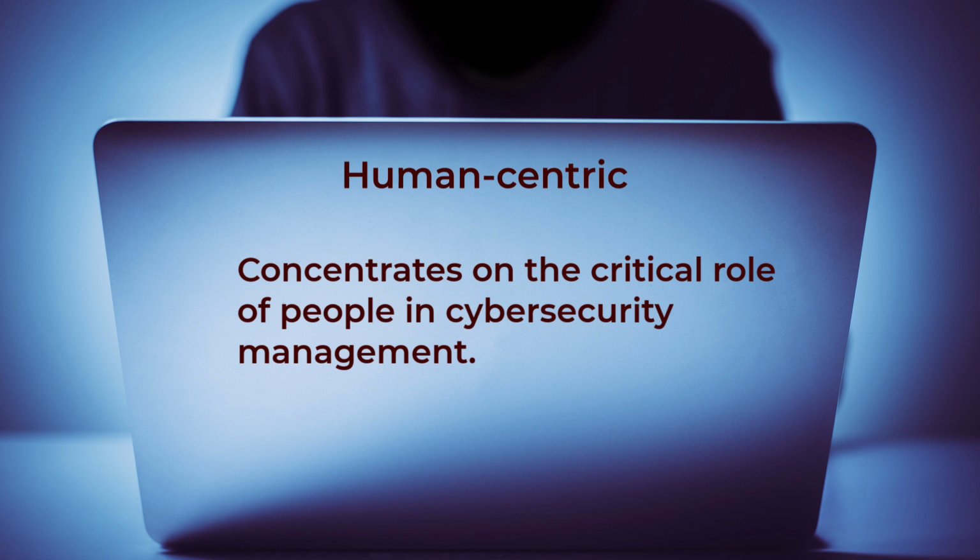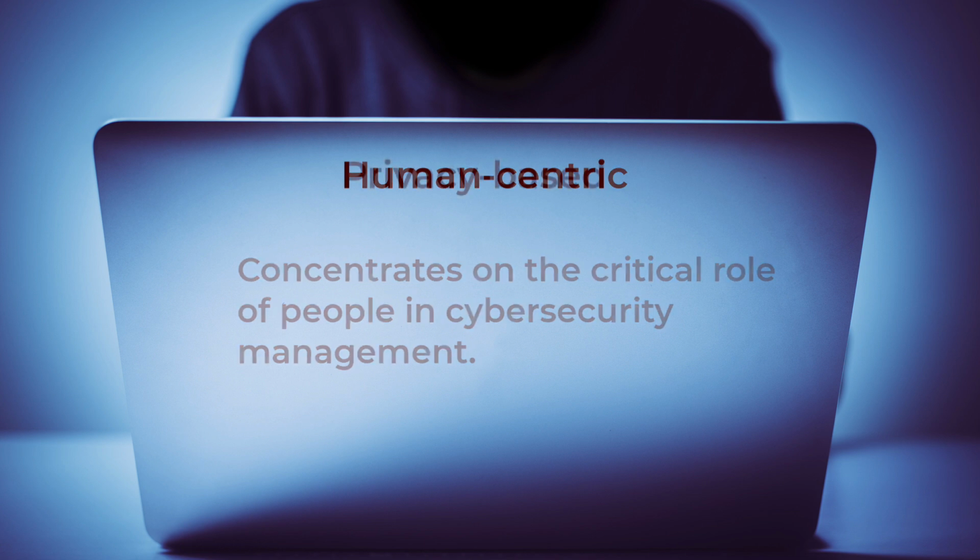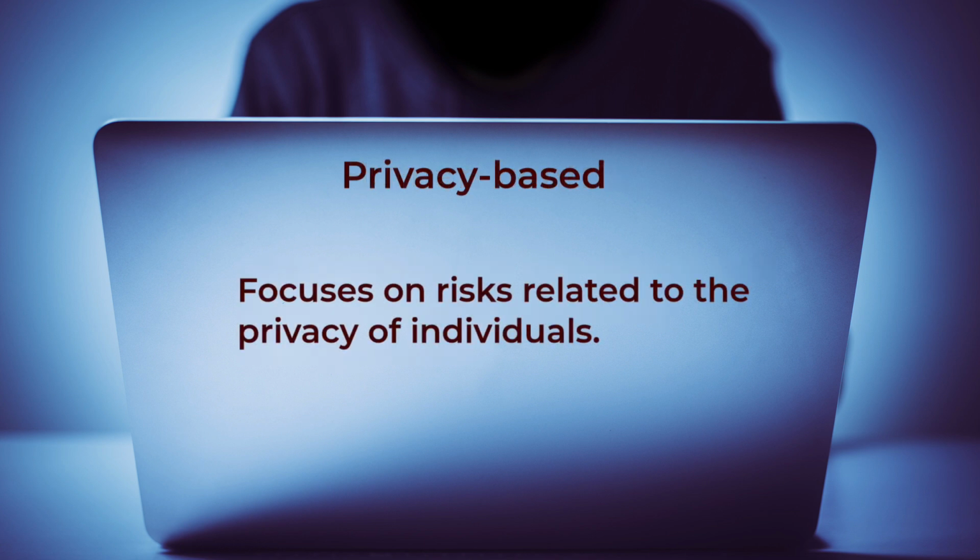Human-centric cybersecurity risk analysis models concentrate on the critical role people play in both creating and mitigating security risks. Privacy-based threat models focus on identifying, analyzing, and mitigating risks related to the privacy of individuals whose data is being processed within a system.